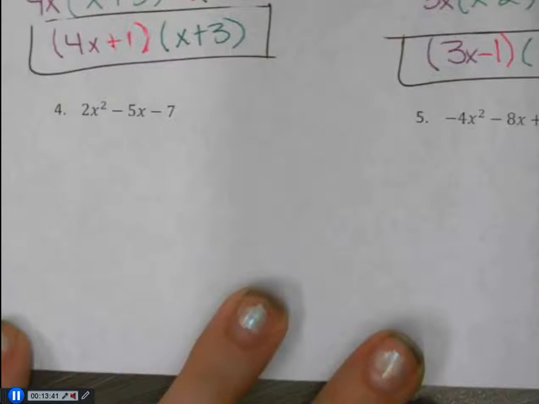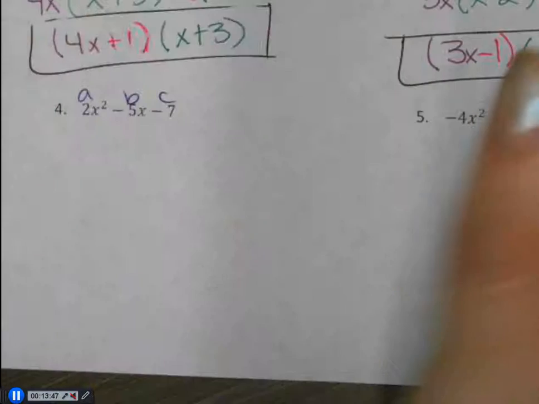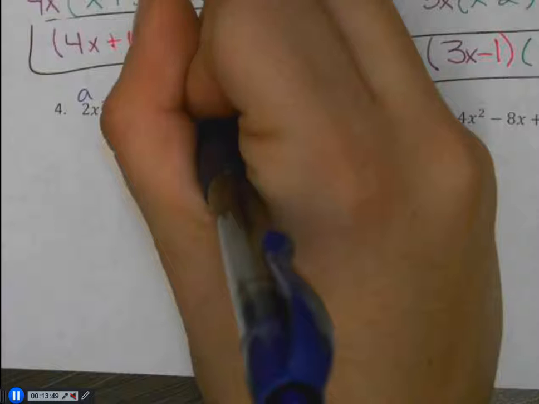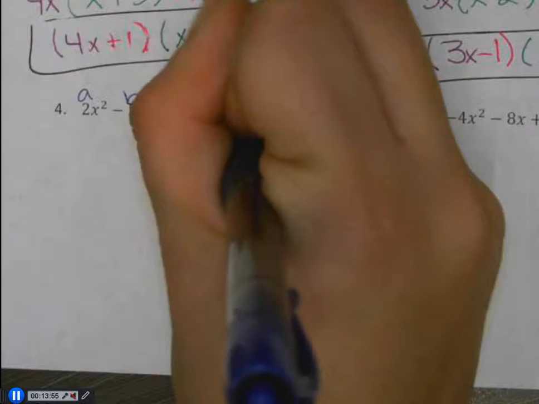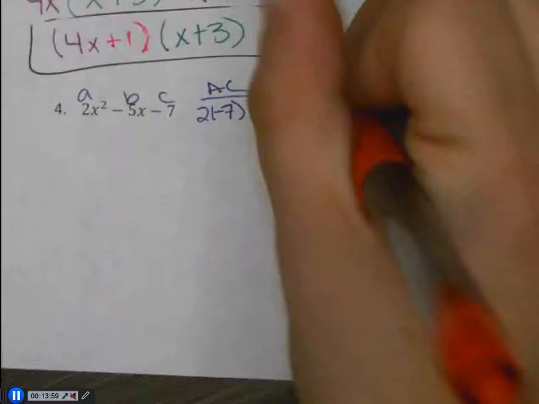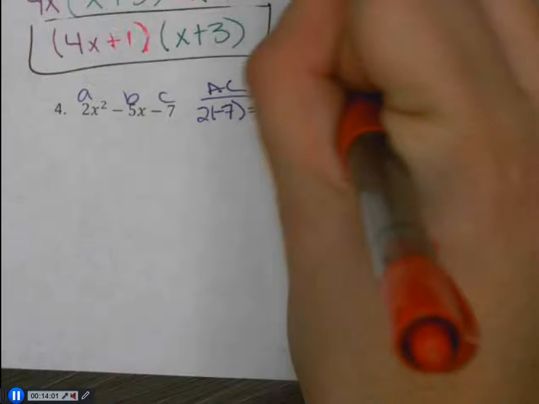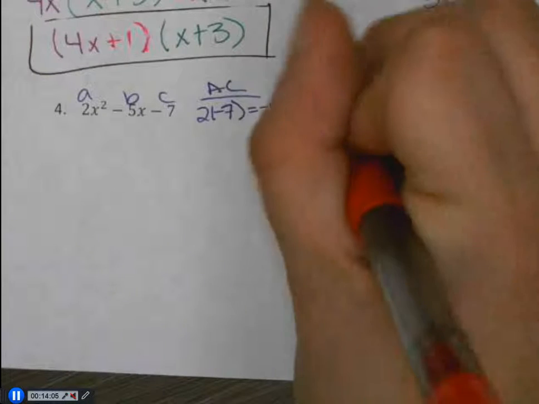Okay, so first step here, multiply A and C. So what is 2 times negative 7? Negative 14. And I want it to add to... What's my B value? Negative 5.